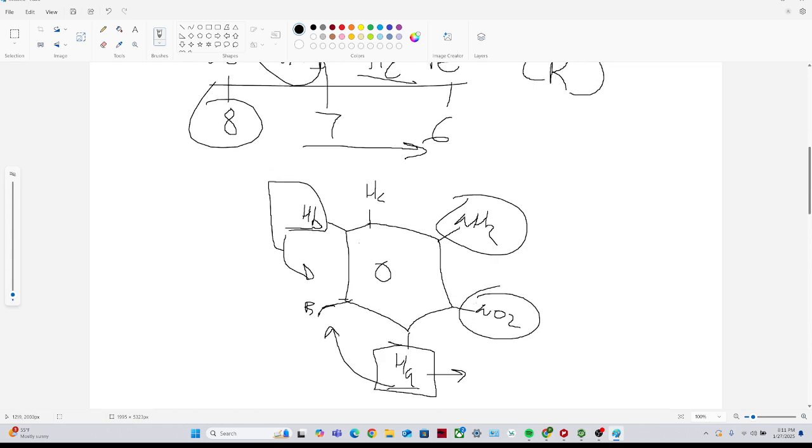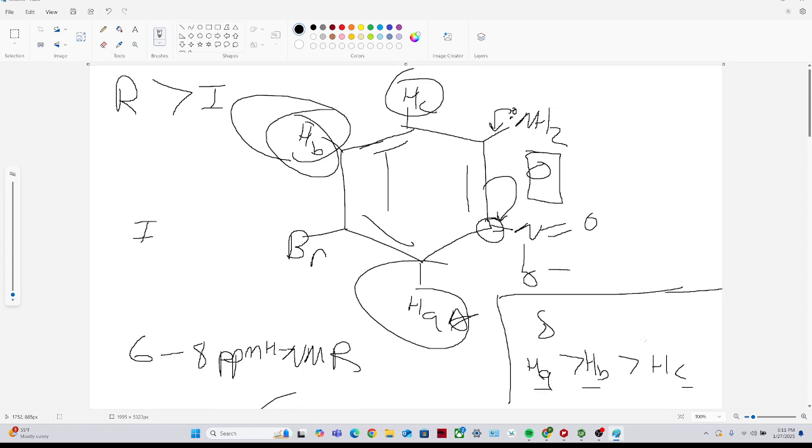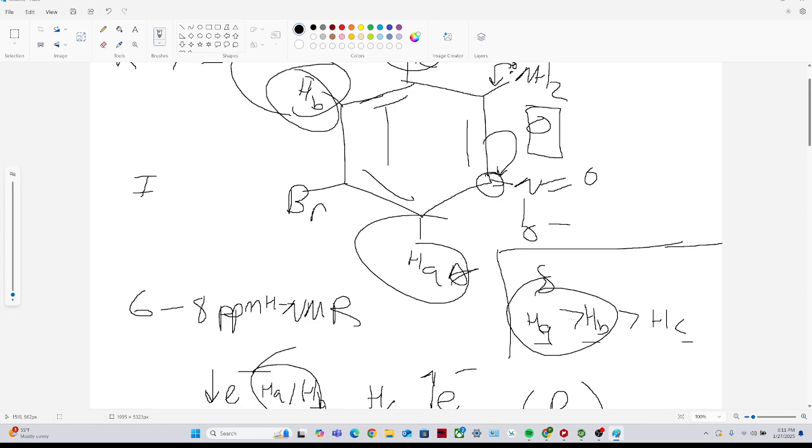I forgot for a second. Yes, HA will be greater than HB, and so it goes A, B, C in my diagram. And the reason this works, obviously, is because these two versus this guy can be explained through resonance, and these two can be explained by induction, primarily through their proximity to the nitro group.